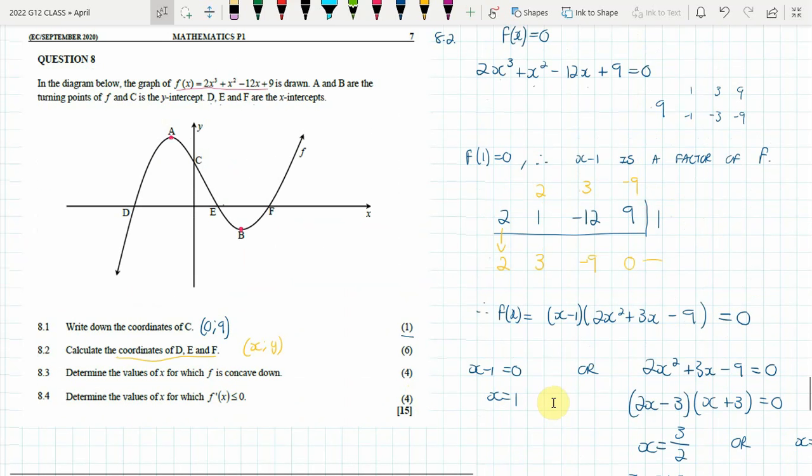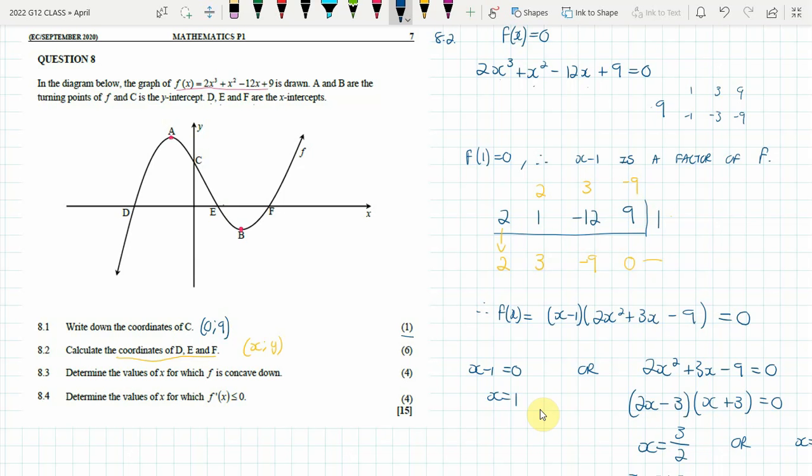Okay, let's try 8.3. We want the values of x for which f is concave down. How can we approach this one? I think we first look for the point of inflection.